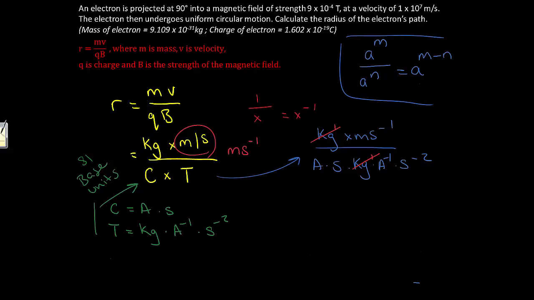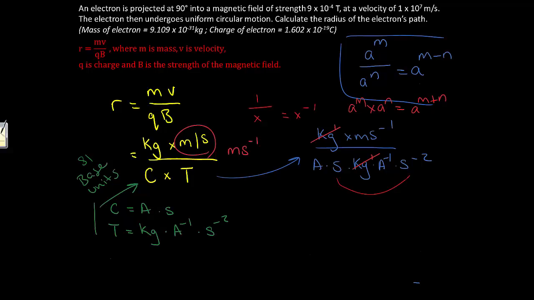Now, this meters is the only meters in this whole fraction, so that's going to stay as it is. Now the seconds to the negative 1 is going to cancel with the seconds on the bottom here. To find out how many seconds in total are on the bottom here, we use that first index law that was discussed, which is that the multiplication of two values with the same base but different powers is that base with the sum of the powers.